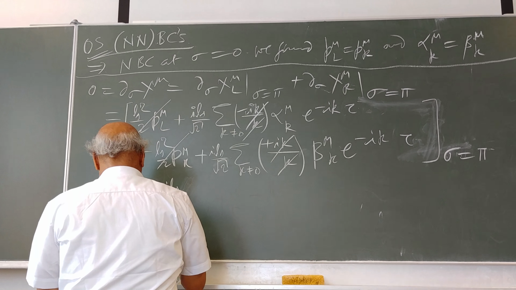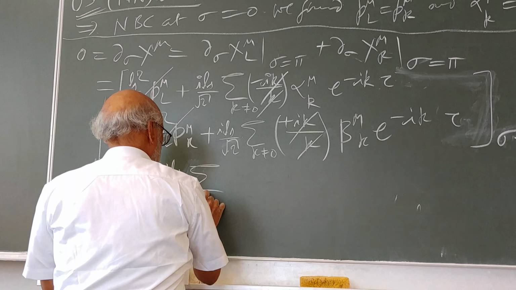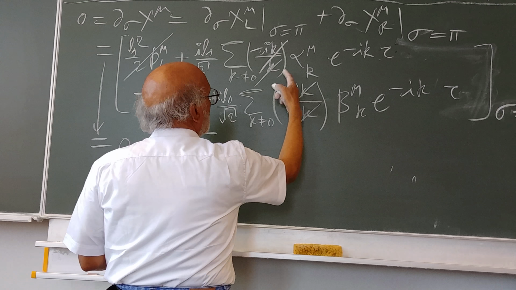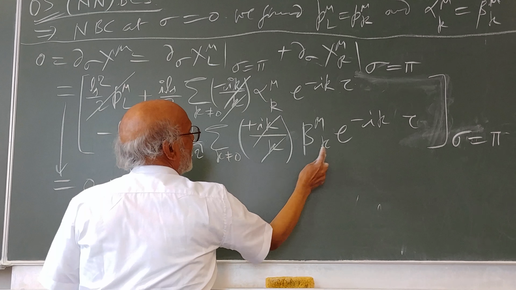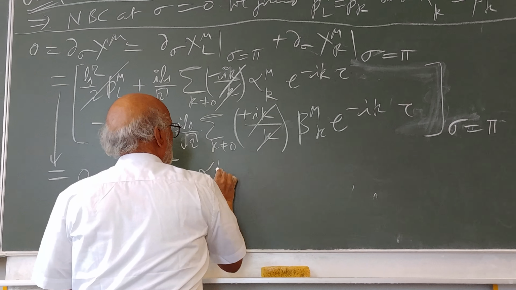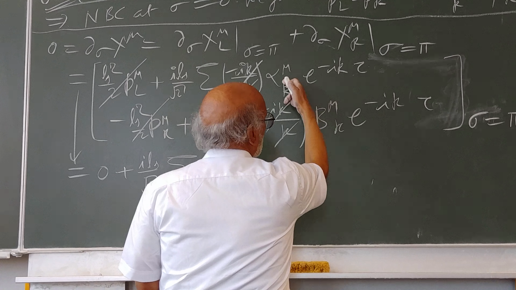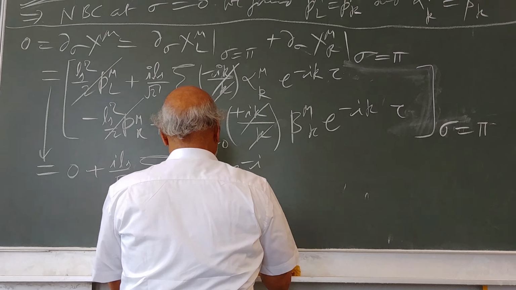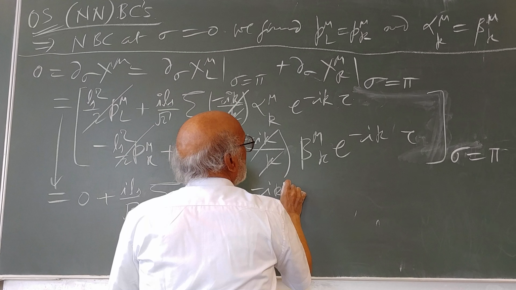So then I would have this, sum over k not equal to 0. Now I do not have k in the denominator, and this is the factor. Let me take alpha mu k as the common factor.